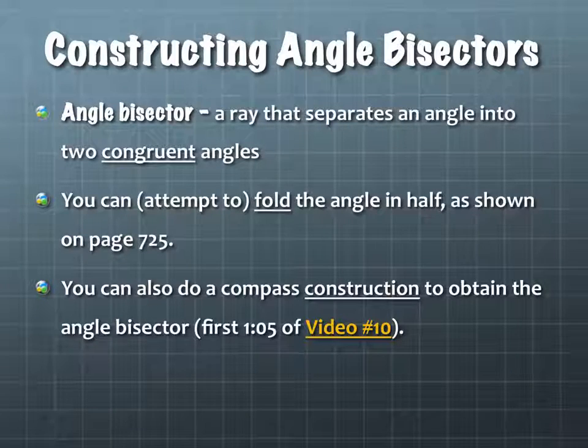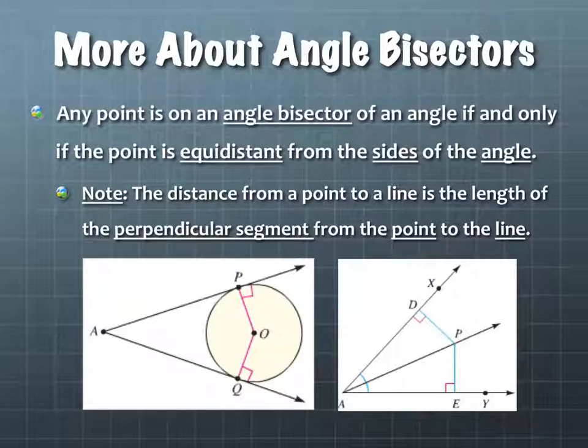All right, a little bit more about angle bisectors. We found how to construct an angle bisector. Any point is on an angle bisector if and only if the point is equidistant from the sides of the angle.